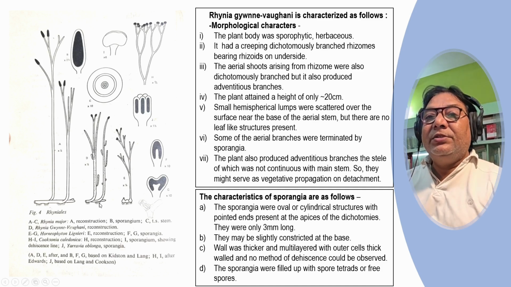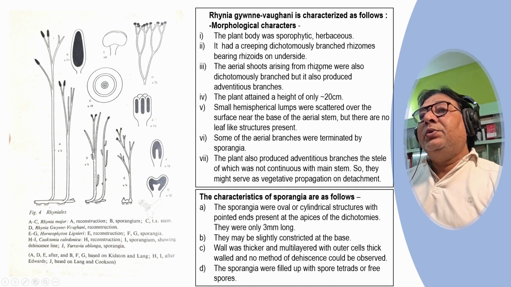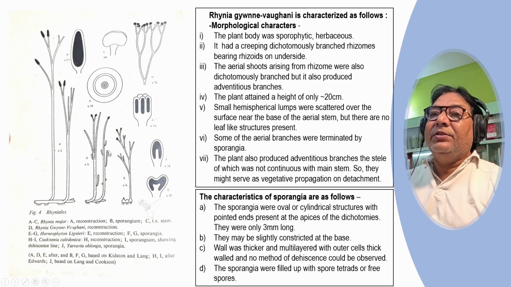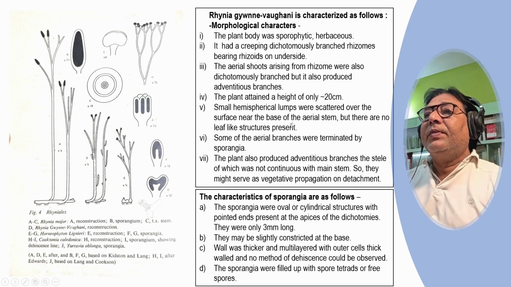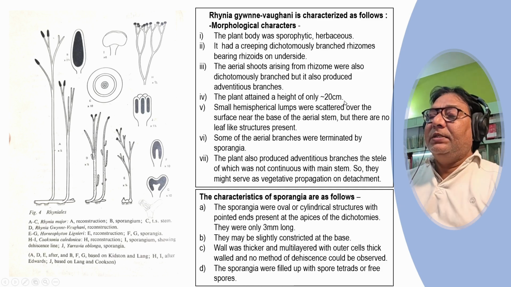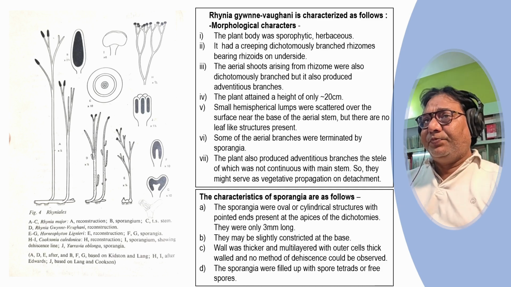You can see the rhizoids, these fine hair-like structures. The aerial shoots arising from the rhizome were also dichotomously branched, but also produced adventitious branches. The plant attained a height of only about 18 to 20 centimeter.